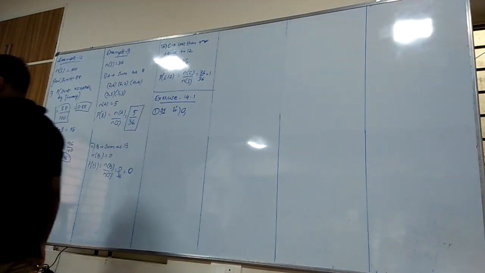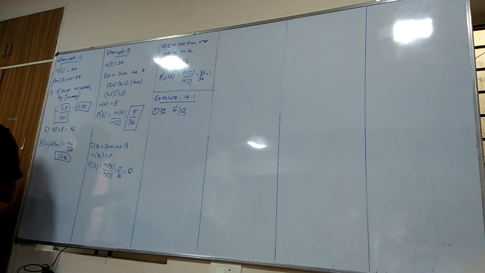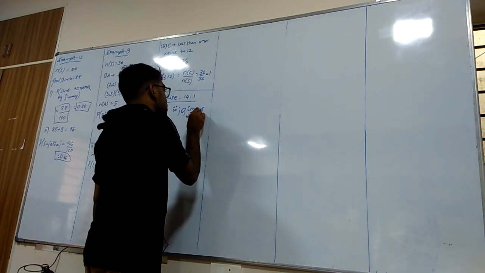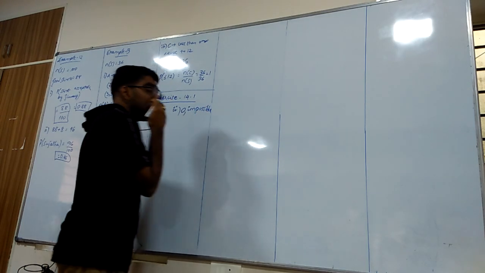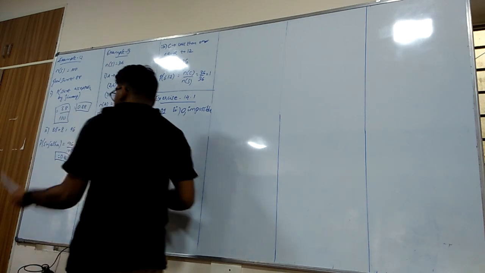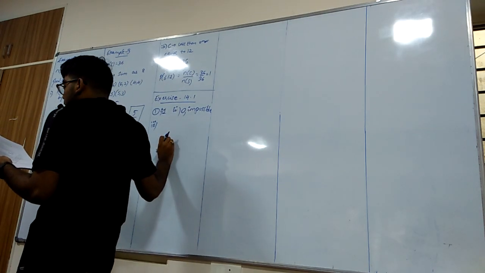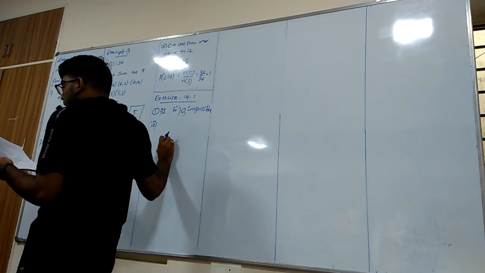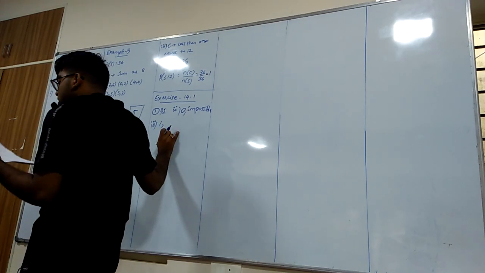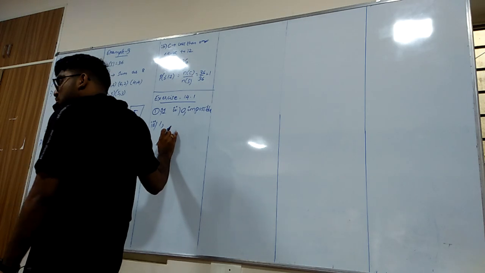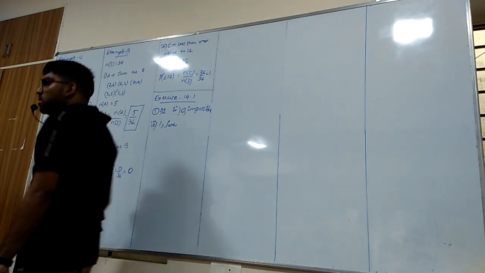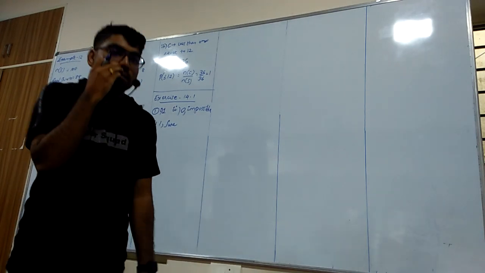Such an event is called an impossible event. The probability of an event that is certain to happen is 1. Such an event is called a sure event or certain event. Right? Sure or certain events.